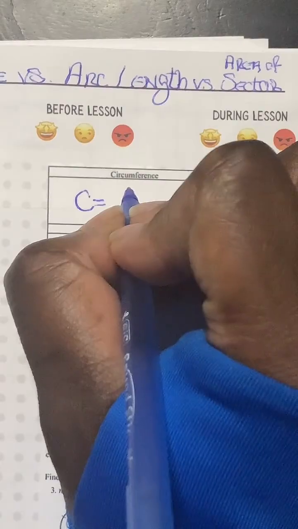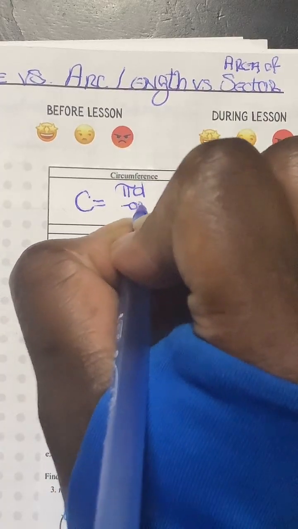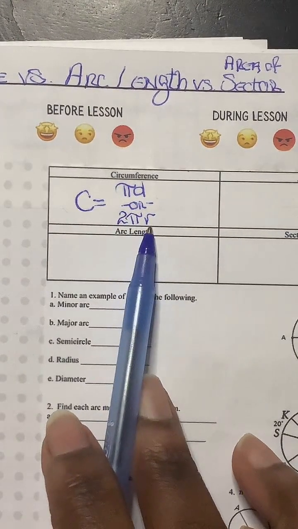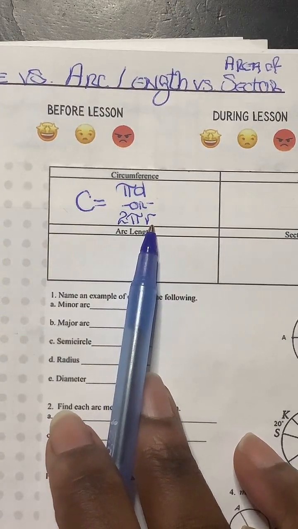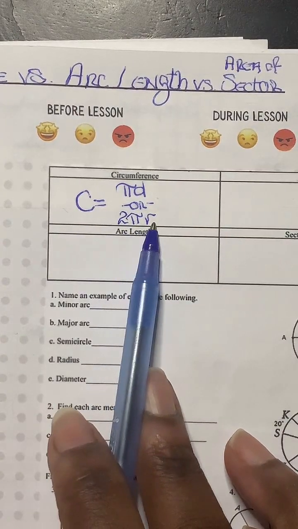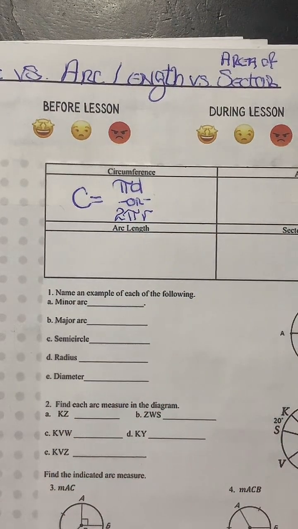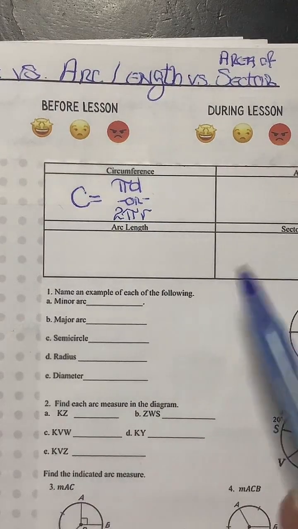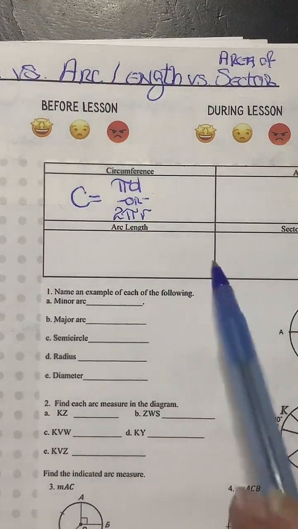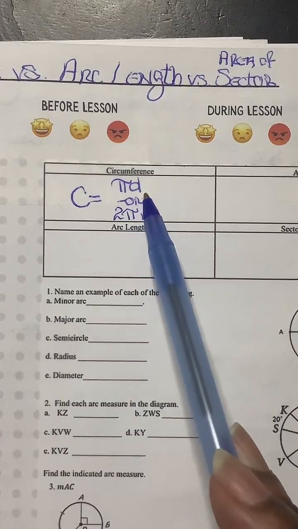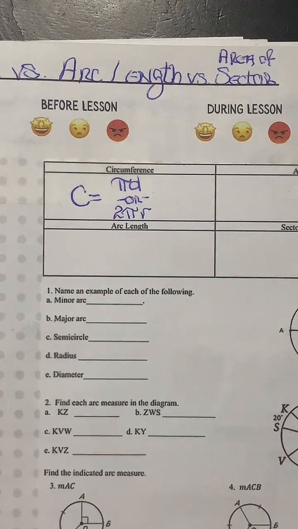It's either pi times the diameter, or it's 2 pi r. If they give you the radius and ask you to find the circumference, use 2 pi r. If they give you the whole diameter, you could divide the diameter by 2, but then you'd end up multiplying it again. So you can actually just leave it as a diameter and multiply it by pi.